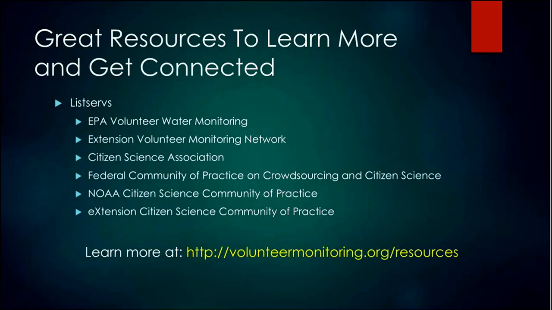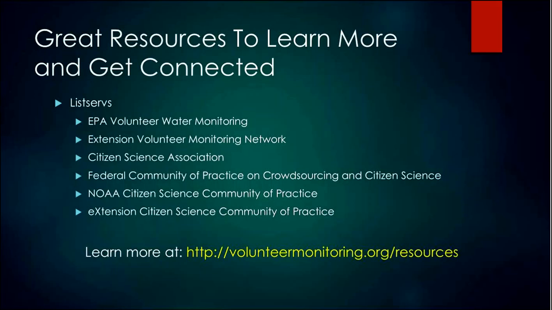The Citizen Science Association has a listserv with thousands of members. It's very active, talking about research, theories, and big picture issues, the 10,000-foot view, down to local questions, if you will, about how to run these programs.